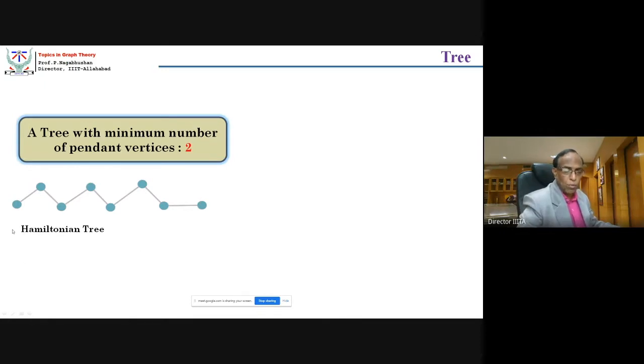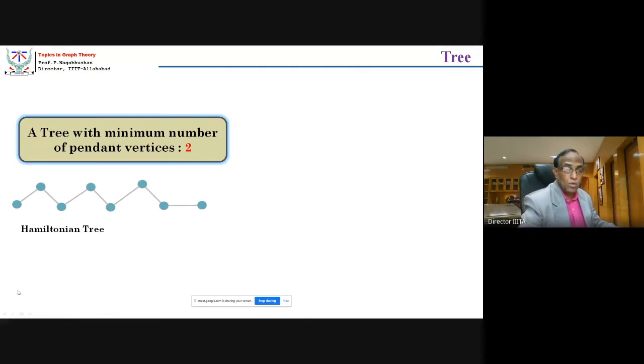Therefore, it is an open Hamiltonian path. And this Hamiltonian path, since it goes through all vertices, is a tree also. It is a Hamiltonian tree. So this is an example of a tree with the minimum number of pendant vertices. Minimum two pendant vertices have got to be there in a tree.